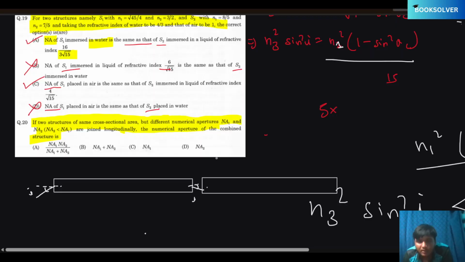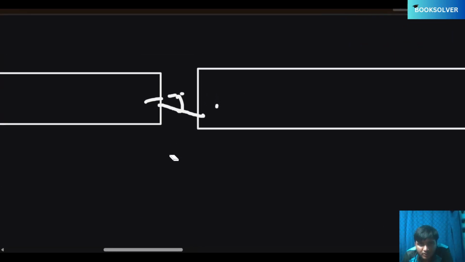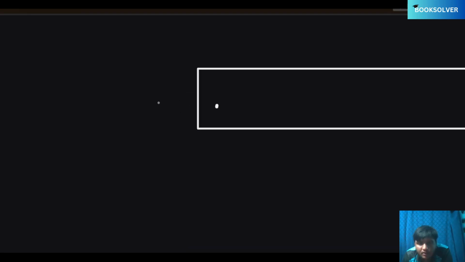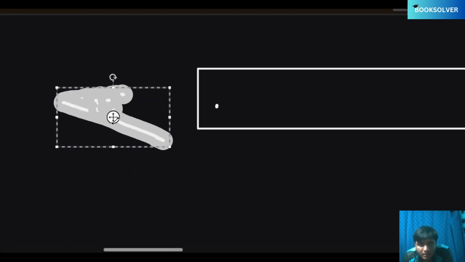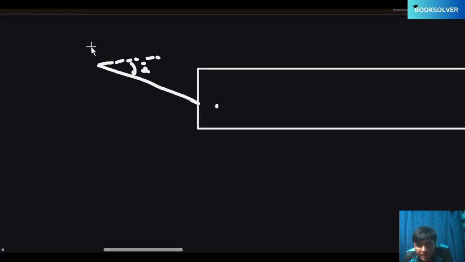Let's suppose this was the earlier normal and the ray came at an angle of I only. If we make another normal, shifted to the right, it will lie here.